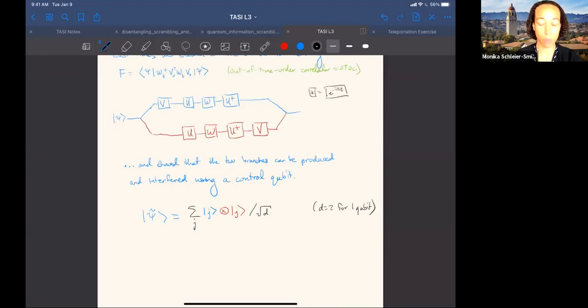This would be the infinite temperature version of a thermofield double state, where generically that would be something that looks thermal for either system by itself, but is pure for the combined composite system. Infinite temperature thermofield double state. Okay. So if I can make that state, then what can I do with it?